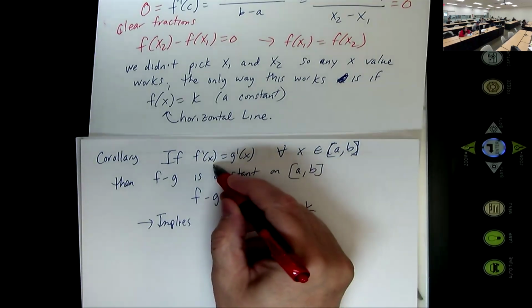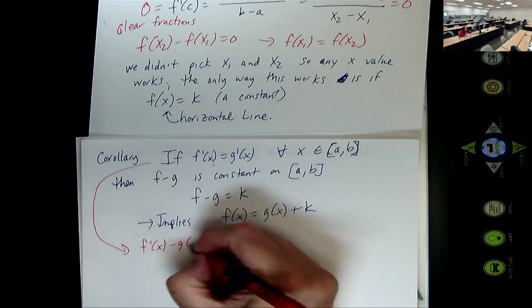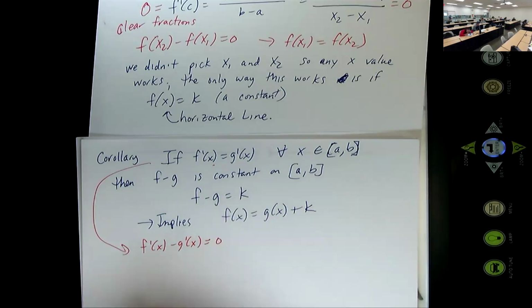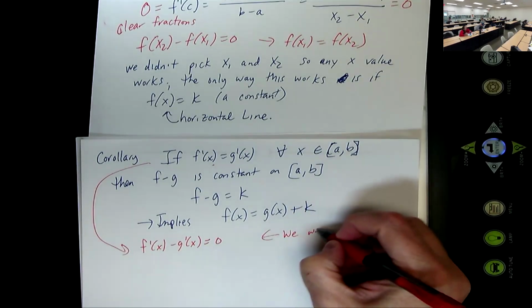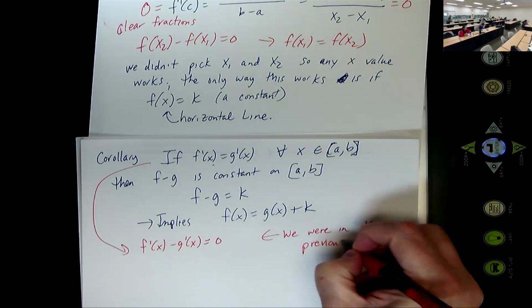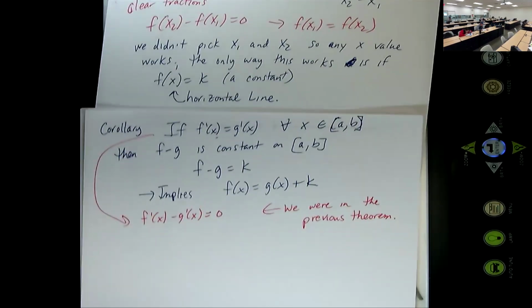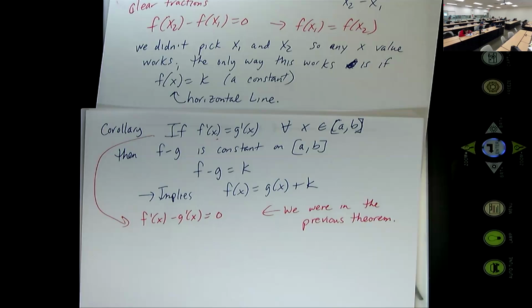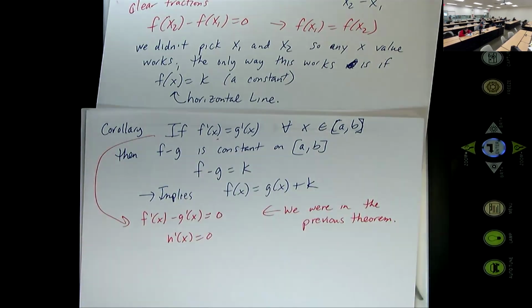Notice if I subtracted g prime of x from both sides, I have that, and now we are in the previous theorem. Maybe we call this h prime of x equals 0, or f prime of x minus g prime of x equals h prime of x.